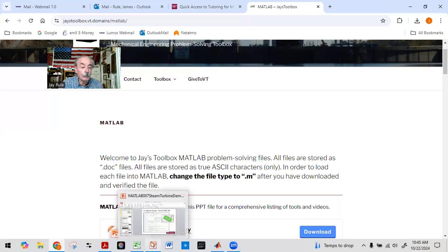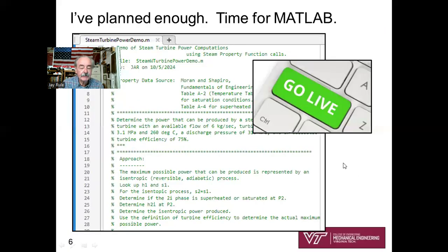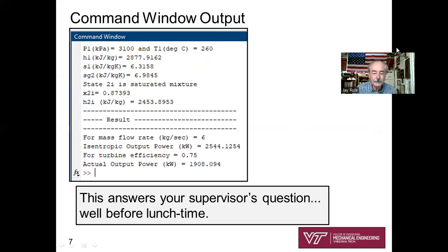Let's go back to PowerPoint. Okay, we've done the go live. Now here is the command window output. I've got to move my Zoom windows around so I can see the command window output. That's just the screenshot I took. This would answer your supervisor's question well before lunchtime.